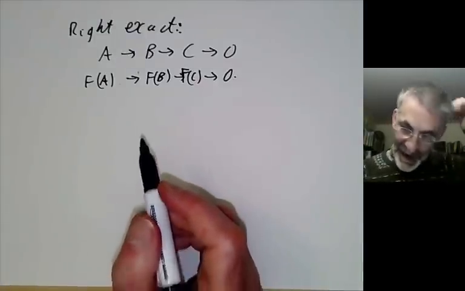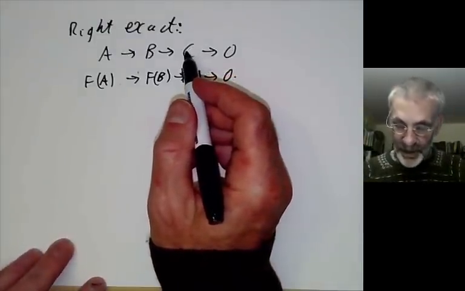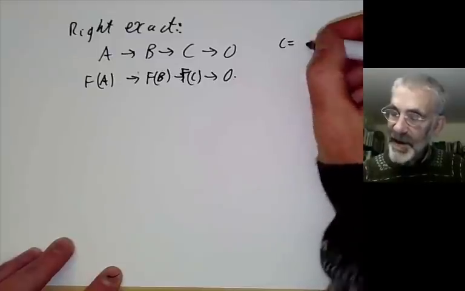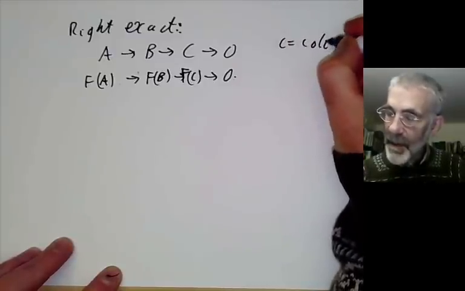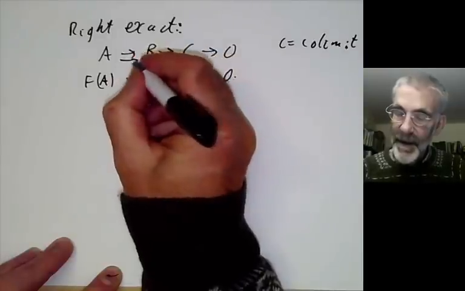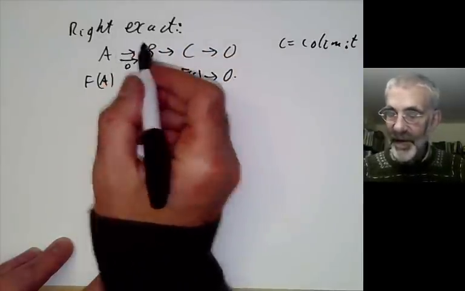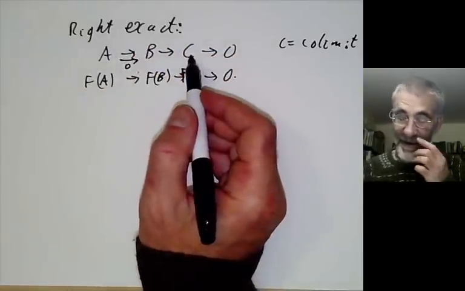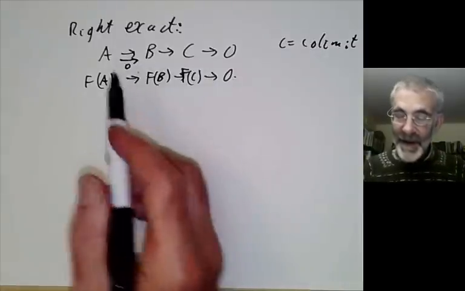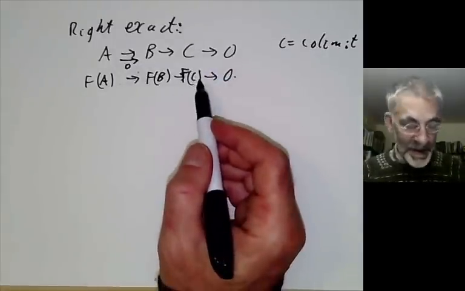And you notice that C is just the colimit of this diagram here. In other words, it's the coequalizer.